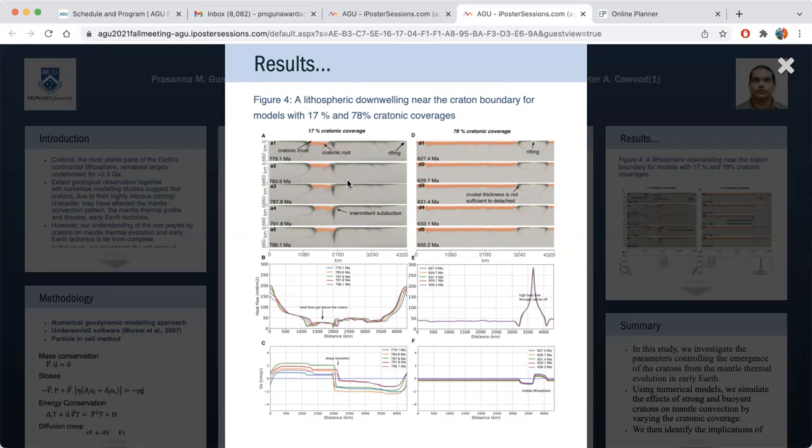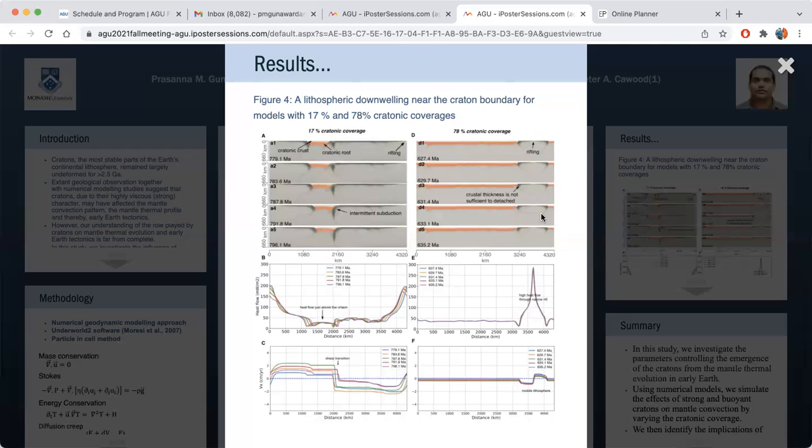But when you go to the figure 4d model, we can see cratonic coverage is large and the oceanic lithospheric region is very small. Therefore, we don't see any subduction like features in figure 4d. Instead, it has some kind of motion in the oceanic lithosphere, but it's a very low velocity profile.